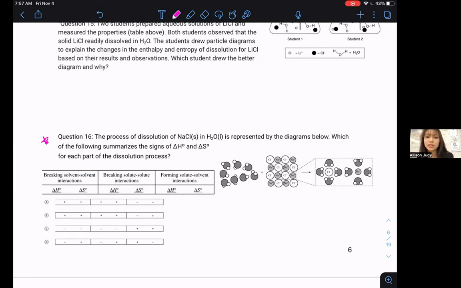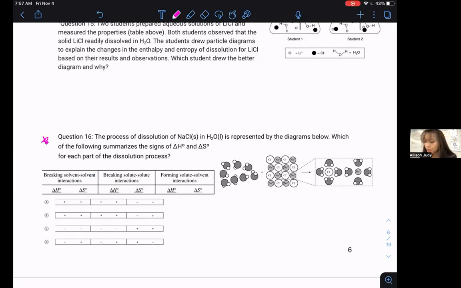Which of the following options summarizes the signs of the change in enthalpy under standard state conditions and the change of entropy, microstates, under standard state conditions, product minus reactants, for each part of the dissolution process?